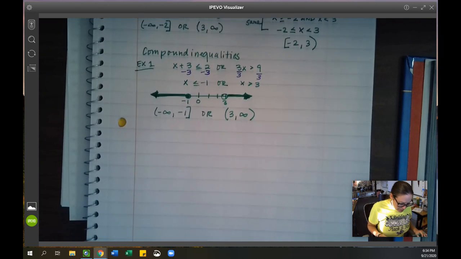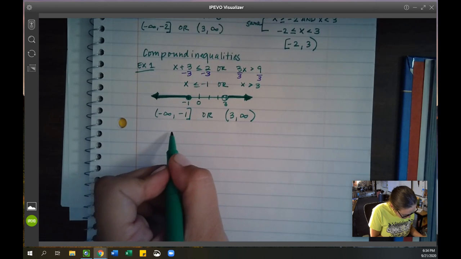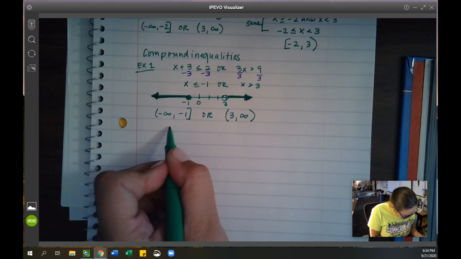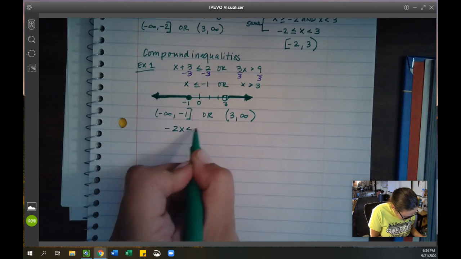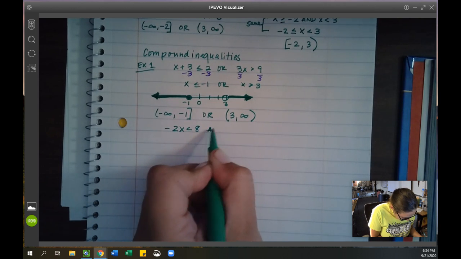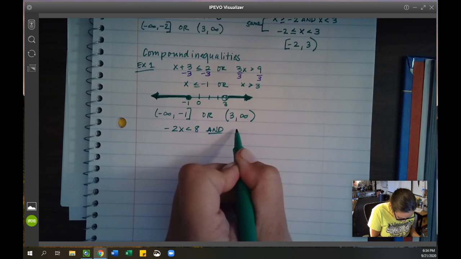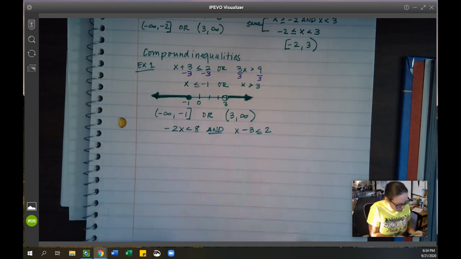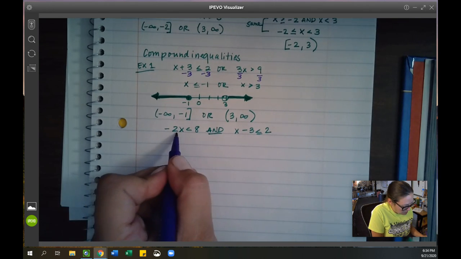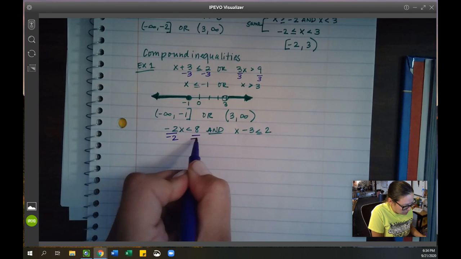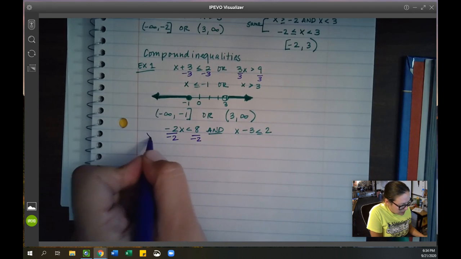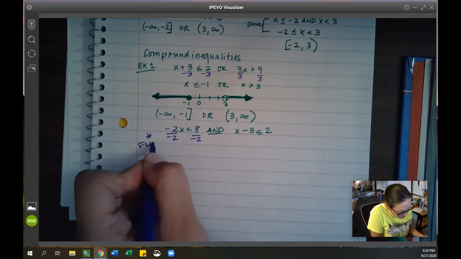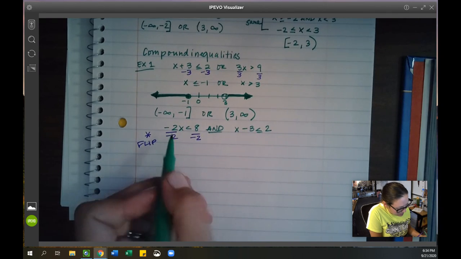All right, let's try another one. Negative 2x is less than 8, and x minus 3 is less than or equal to 2. All right, so I'm going to divide by negative 2, and when I do that, I'm going to have to flip because I divided by a negative.